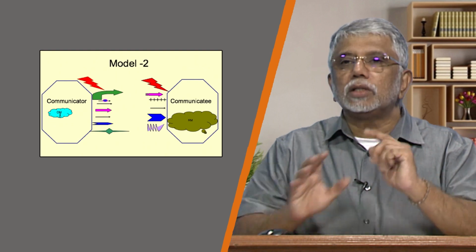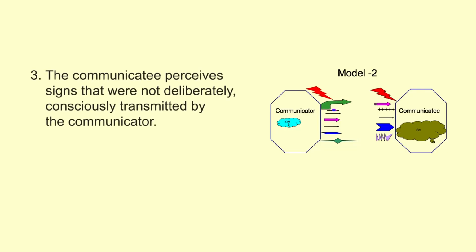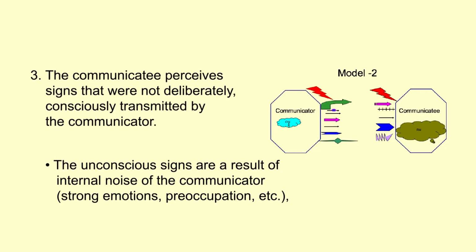Now, how does this happen? It happens because of two reasons. One, they are being transmitted, right, but we are not aware of it. We didn't choose to deploy them, but yet they are being deployed. Why? Probably because of factors like strong emotions or other internal barriers like preoccupation and so on and so forth.